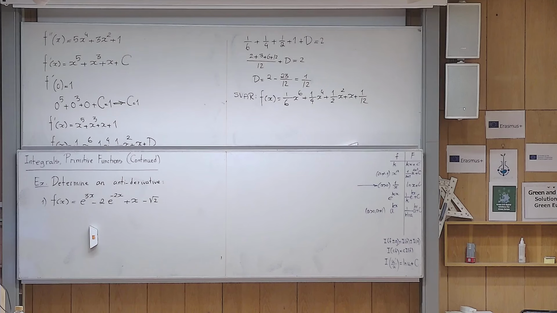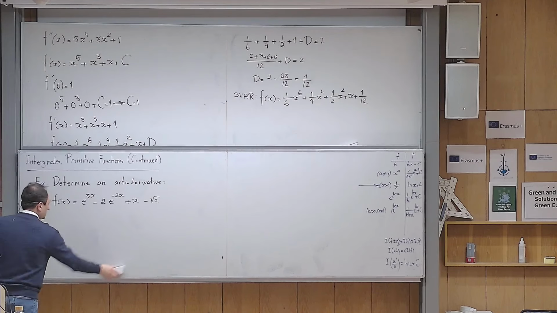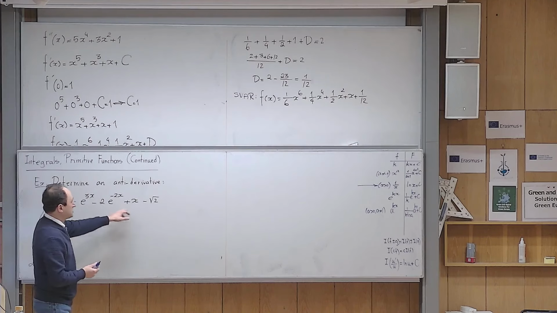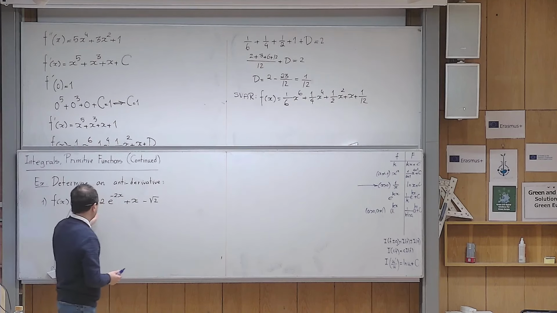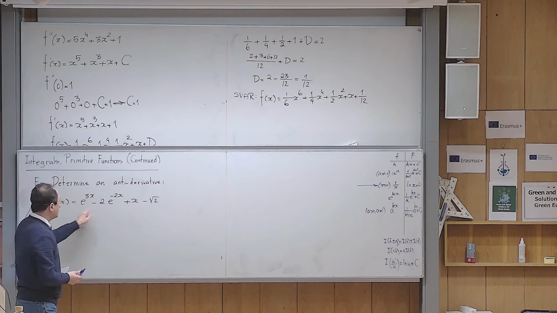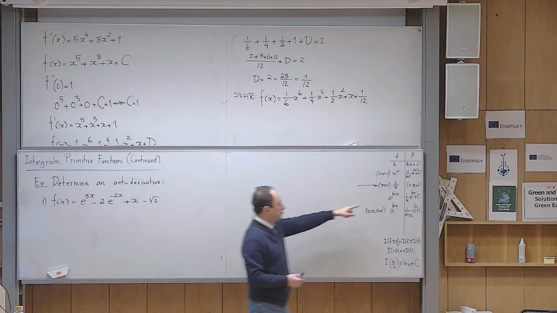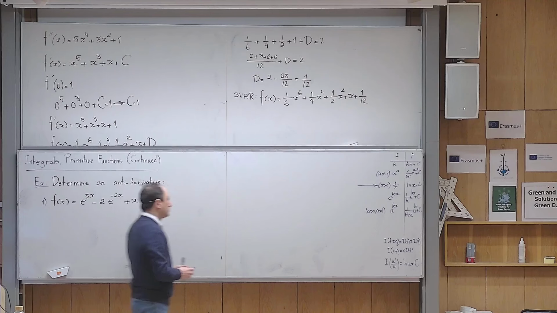Okay, so what is a primitive function for this? Yes, you know the rules. We have the difference and the sum of some functions, so I can do them separately. But these two use the new formula. So what should I do?